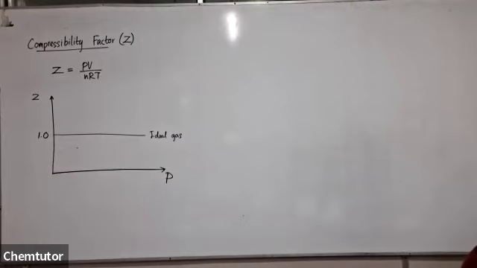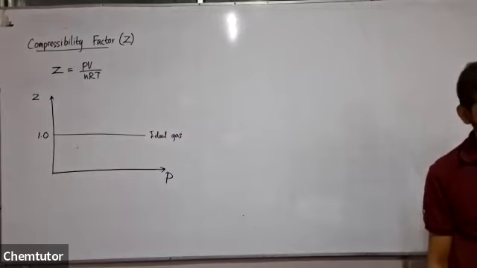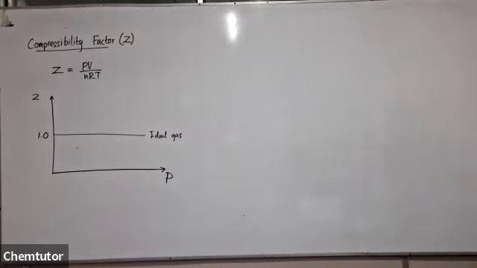As a result, the PV factor of the equation increases, and it shows a positive deviation from the ideal behavior.